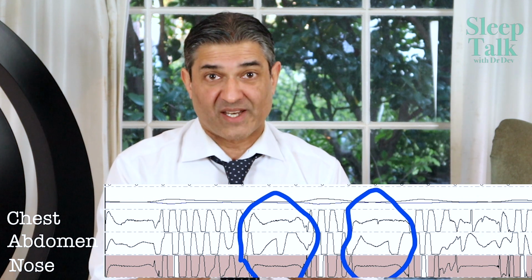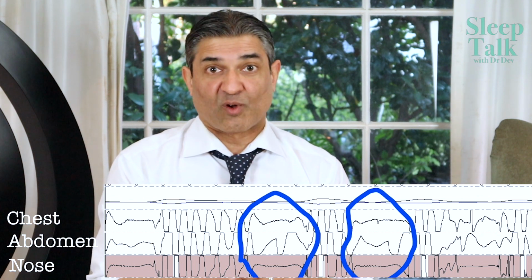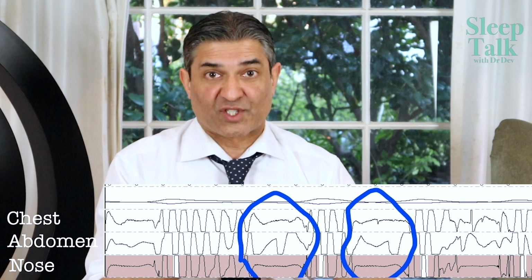This is called an apnea. And this is quite typical of those with obstructive sleep apnea. And the measurement that your doctor might mention is the apnea index or the apnea hypopnea index. This basically means the number of times you stop breathing in an hour of sleep. Anything above 30 an hour could mean severe sleep apnea.